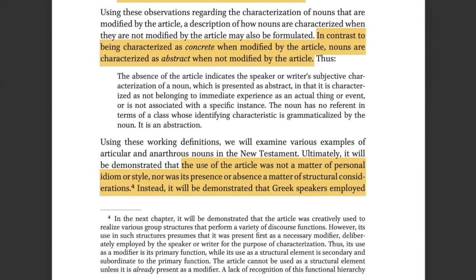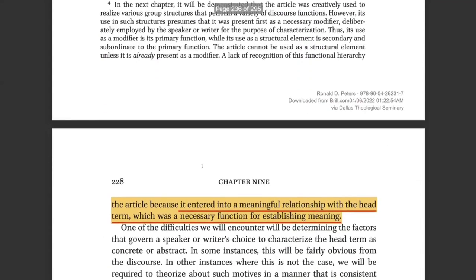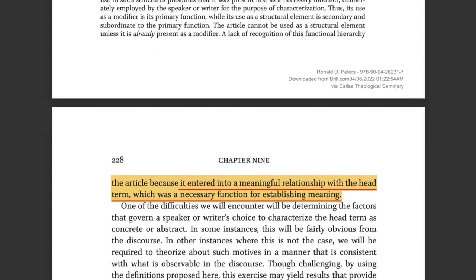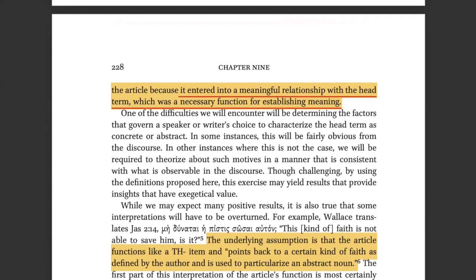Instead, it will be demonstrated that Greek speakers employed the article because it entered into a meaningful relationship with the head term, which was a necessary function for establishing meaning. So, in other words, that's just a fancy way of saying the article is extremely important for understanding what the guy is saying. I love to take complicated stuff and make it simple, and that's the simple gist of it. The Greek article is important for understanding the meaning.